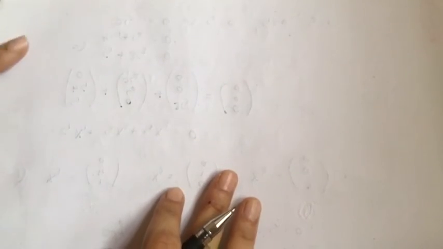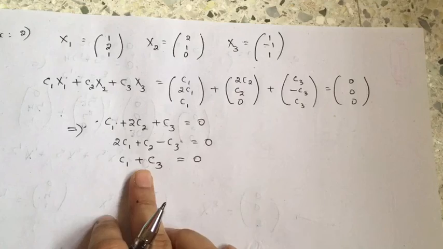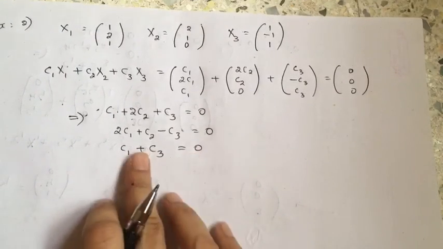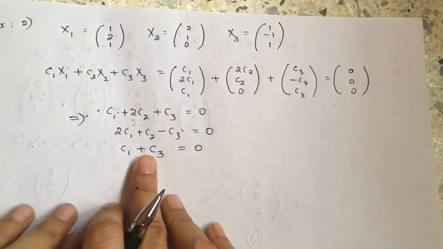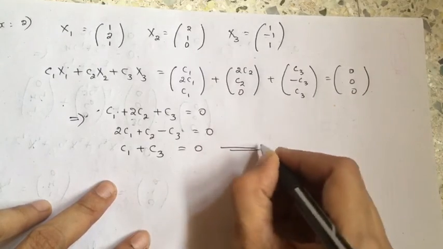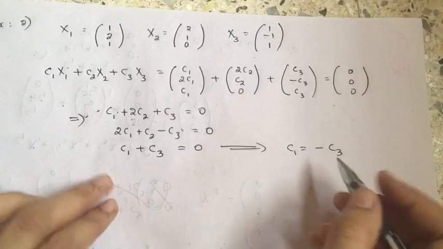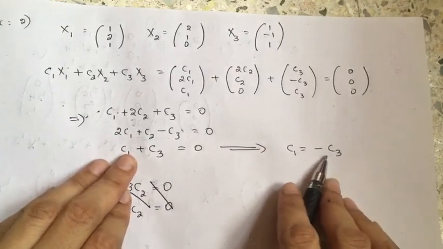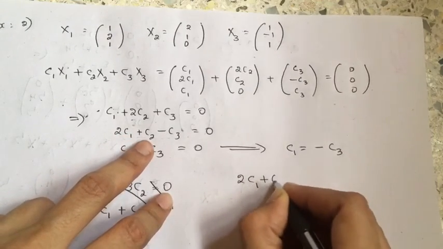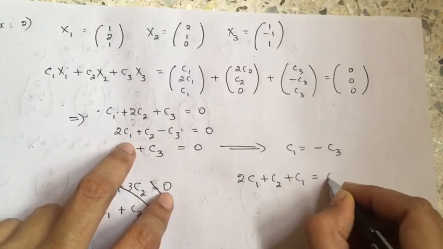Similarly, I can give one more example. In this example, I'm not getting anything directly equal to 0. I'm getting c1 plus c3 equal to 0, which can be rewritten as c1 is minus c3. I'll apply this in the other equation: 2c1 plus c2 minus c3 gives 3c1 plus c2 equal to 0.